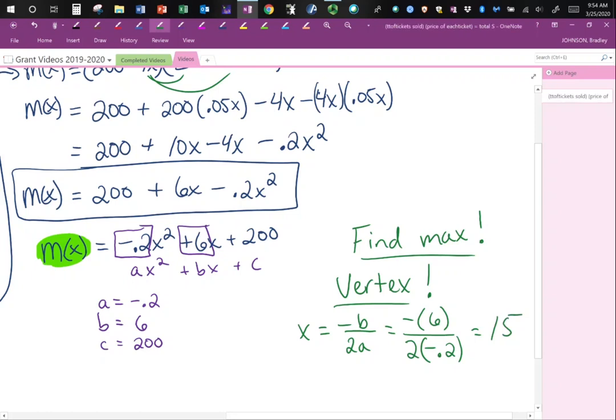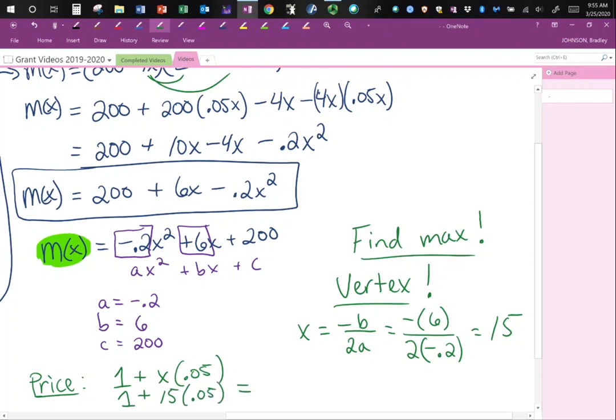Now, remember earlier, x is the number of increases that we've made. So we have made 15 increases of that 5-cent change in price. So let's go back to what we thought about the ticket price. The price really came from 1 plus x times 0.05. Now, if we did 15 increases, what's the new price of the raffle ticket?